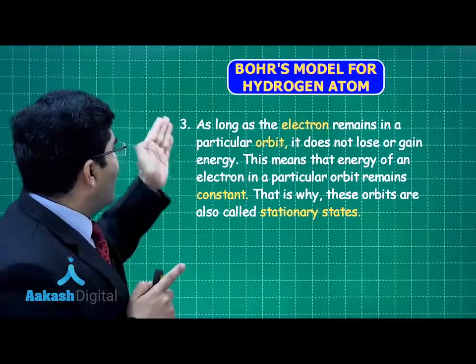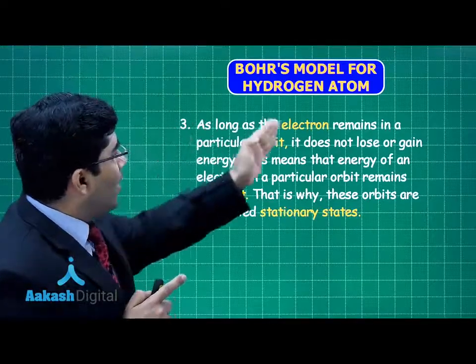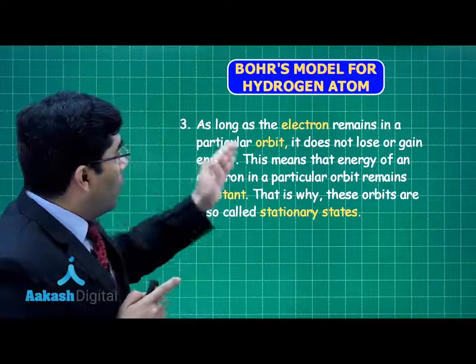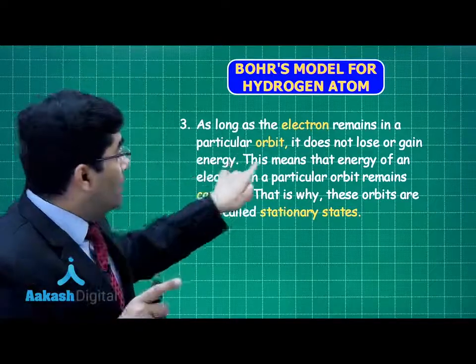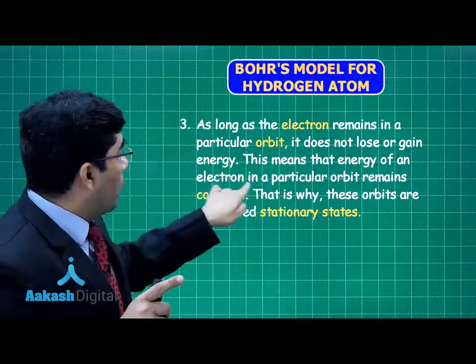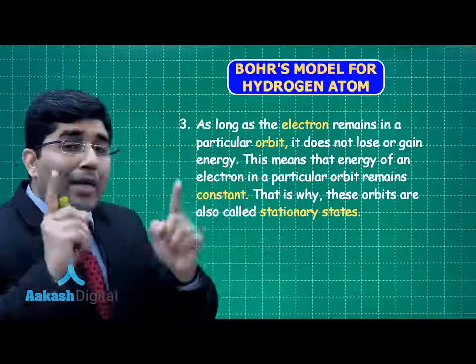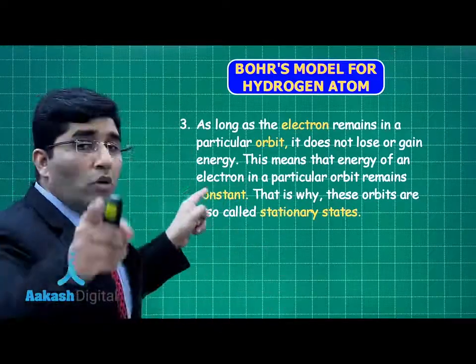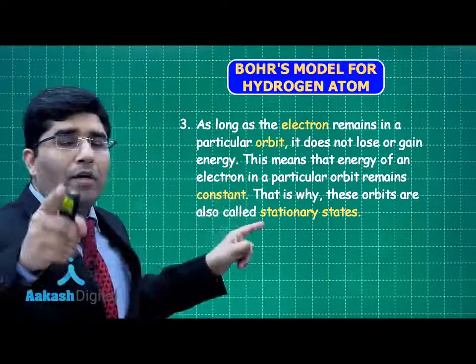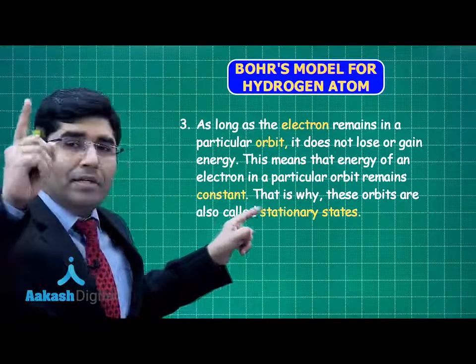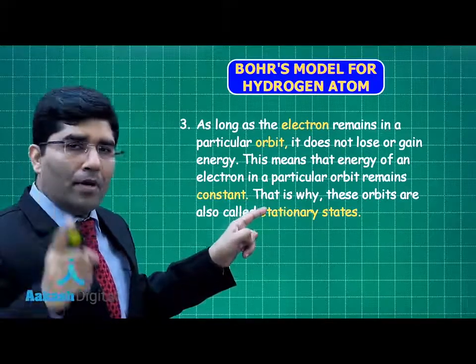So look at what he is saying: as long as the electron remains in a particular orbit and does not lose or gain energy, the energy of an electron in a particular orbit is constant. That is why these orbits are called stationary states, right?